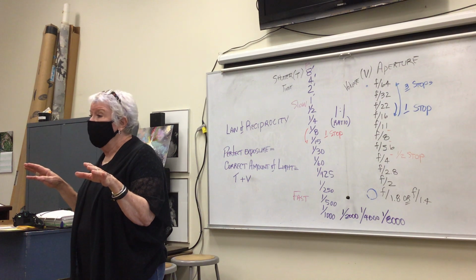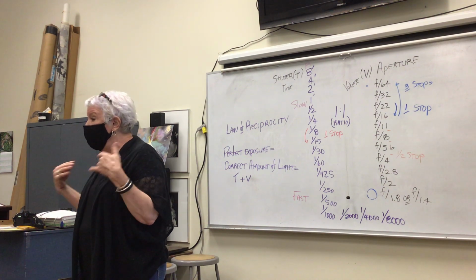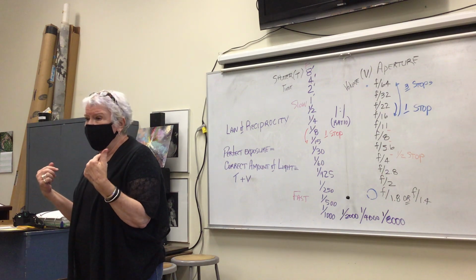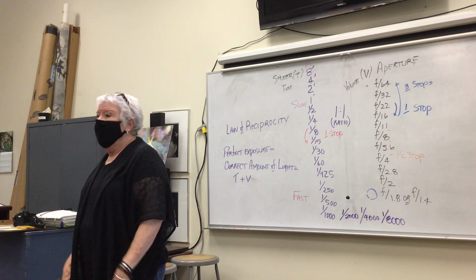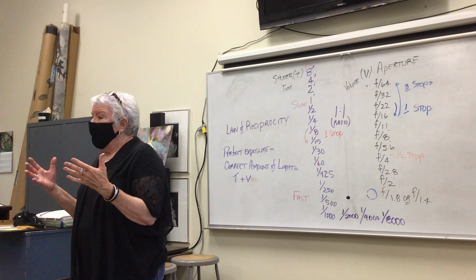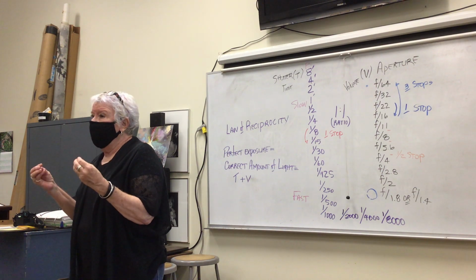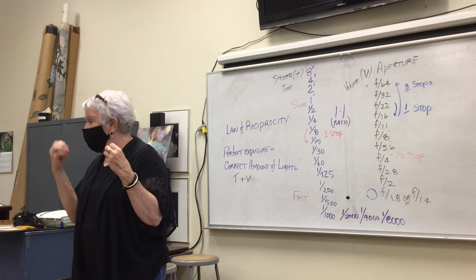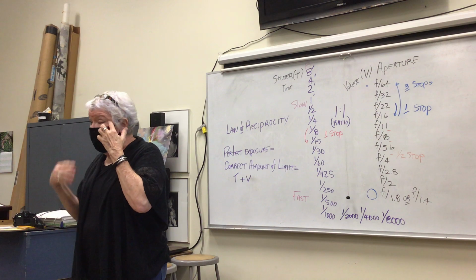We are almost going full circle now from our very beginning class. And I know when I first talked about the flash, you were going, what? So the shutter does not respond to the flash as far as the amount of light put out. It's the duration of light.